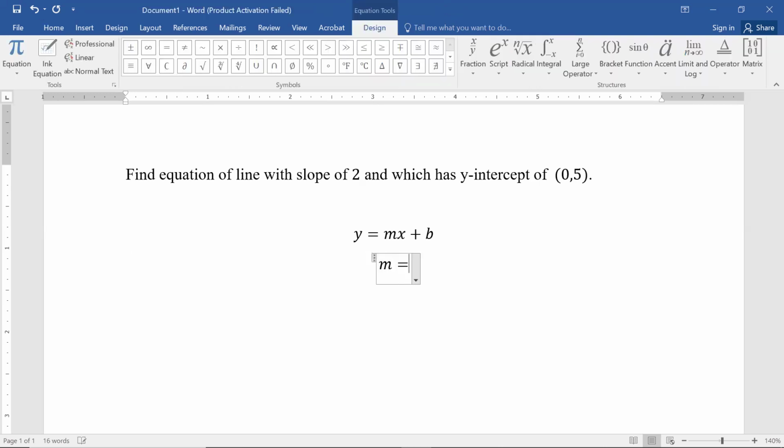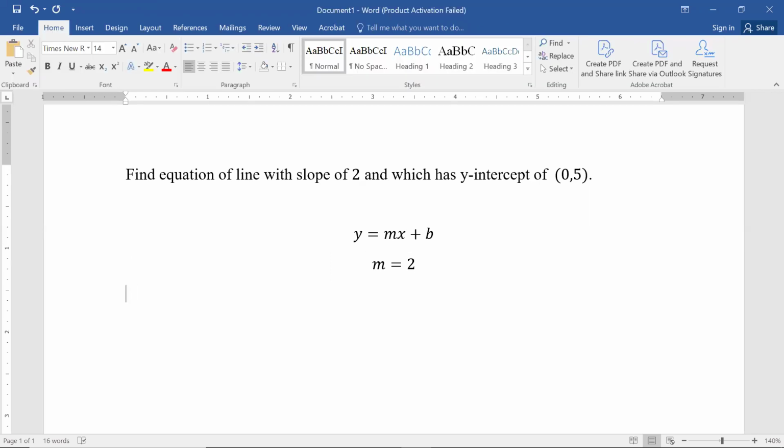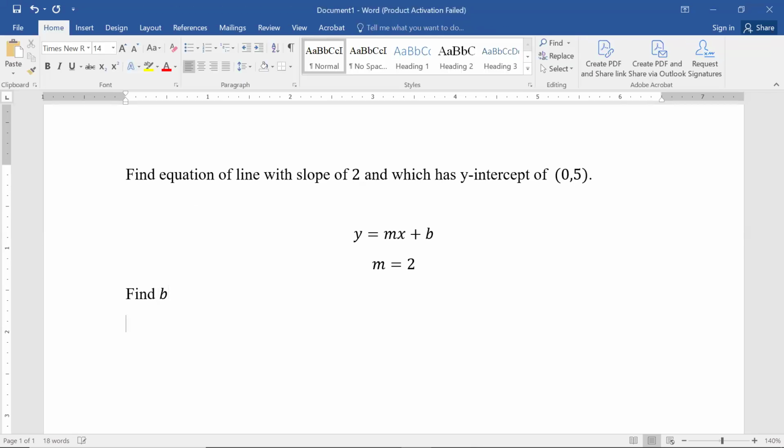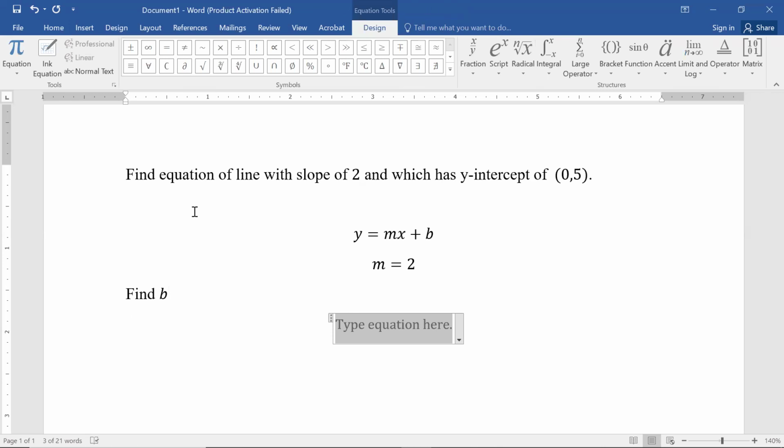And then the first thing I do is I find the slope. Well, the slope is 2 because it tells me that, so m is equal to 2. And then I find the value of b. Now, in this case, it's very, very easy. b is equal to 5 because it tells me that the y-intercept is (0, 5).